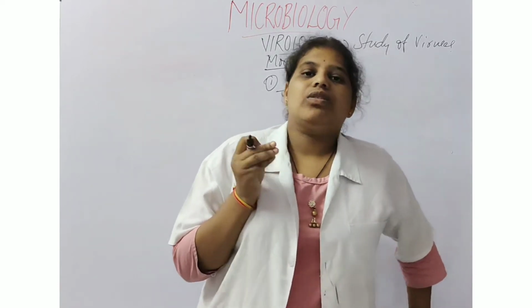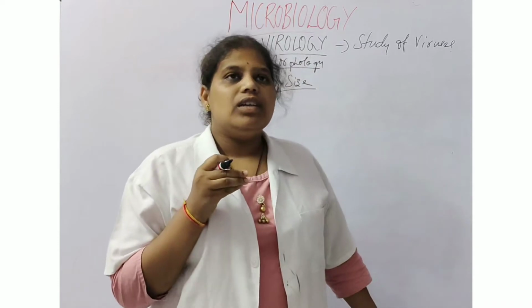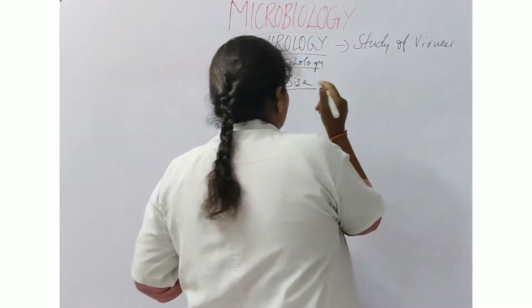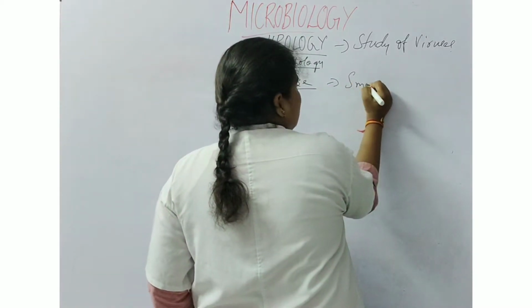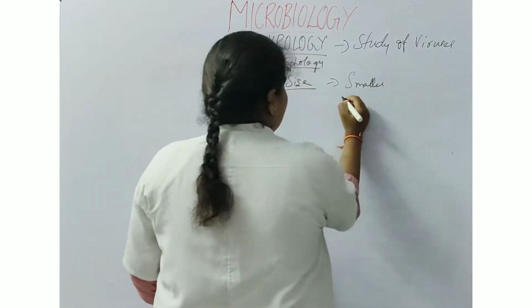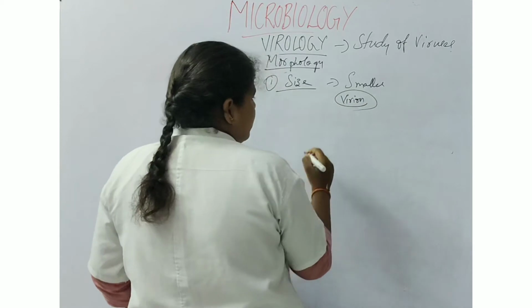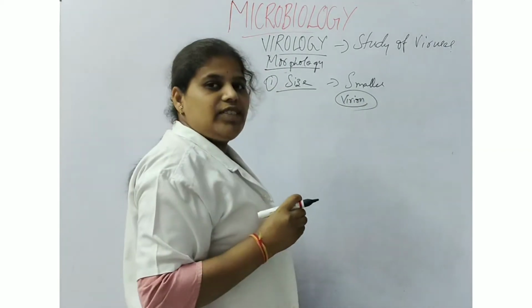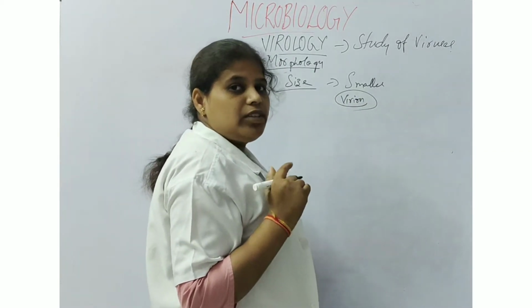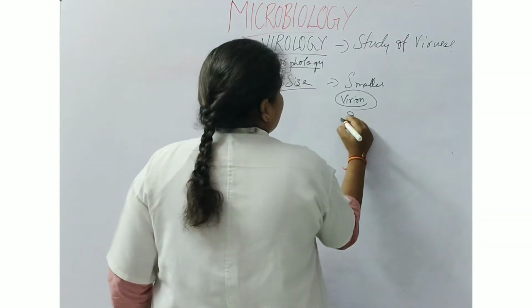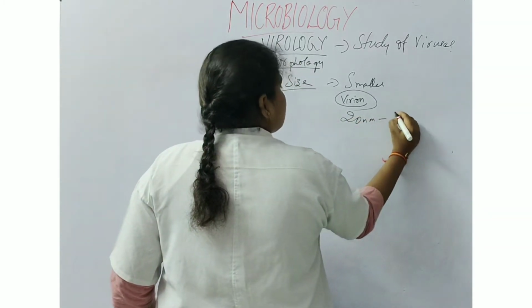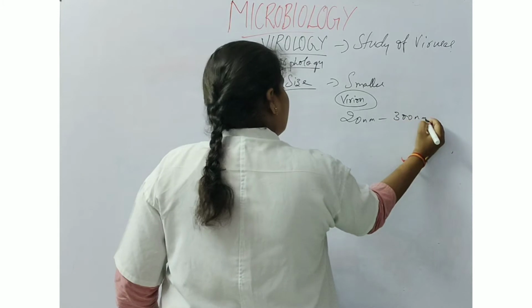the virion. So it is smaller than all organisms, and the infectious agent we call a virion. The size varies from 20 nanometers to 300 nanometers.